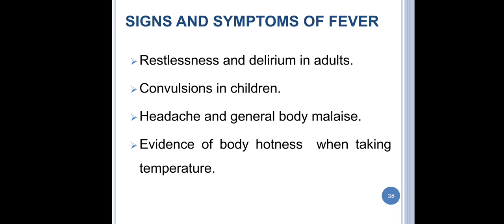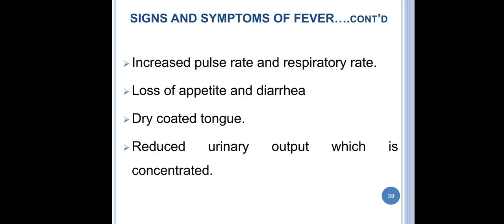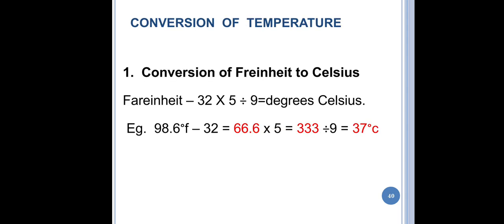You also see signs and symptoms of fever: restlessness and delirium in adults, convulsions in children, headache and general body malaise, the feeling of being sick, and evidence of body hotness when taking temperature. This is febrile to touch; you feel the temperature as you touch the patient.